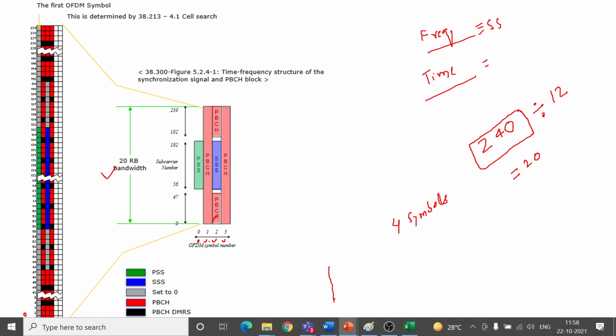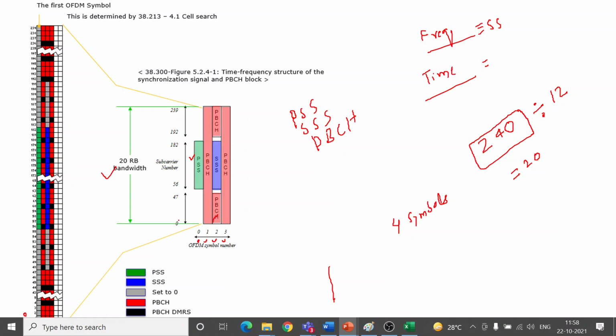Now on this, you have to locate PSS, SSS, PBCH. Three things. The SS block contains PSS, SSS and PBCH. PBCH is the physical broadcast channel. See the PSS first, the primary synchronization signal.